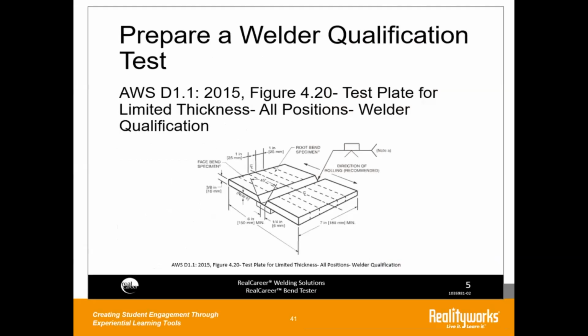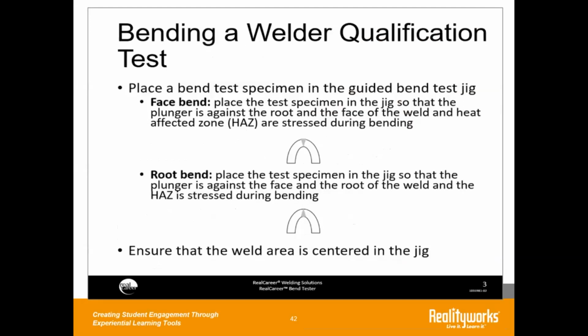It goes through all the different pieces of how to prep for the bend test before you actually do it, allowing you, the educator, and your students to learn all that, again following AWS D1.1 certification. So it walks you through every single piece of the step with PowerPoint slides, worksheets, and activities, and then allows you to do the real thing.